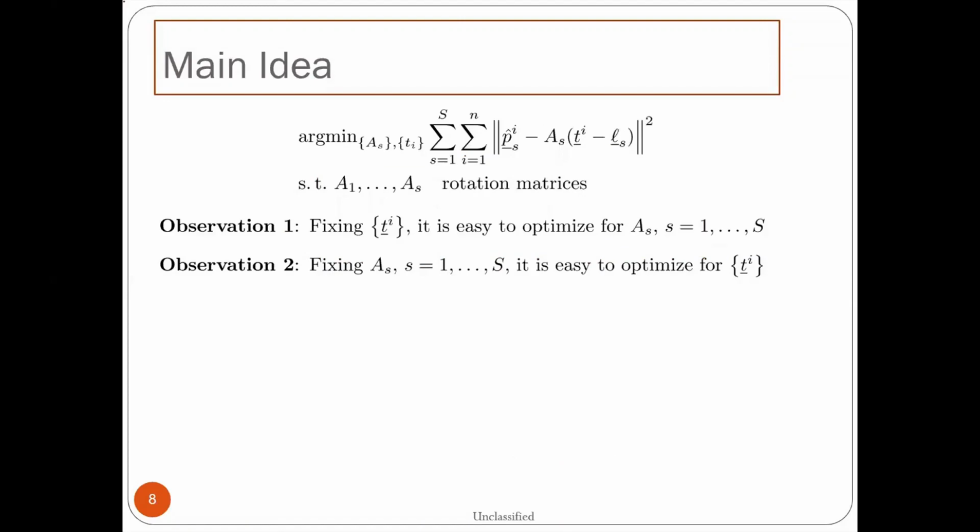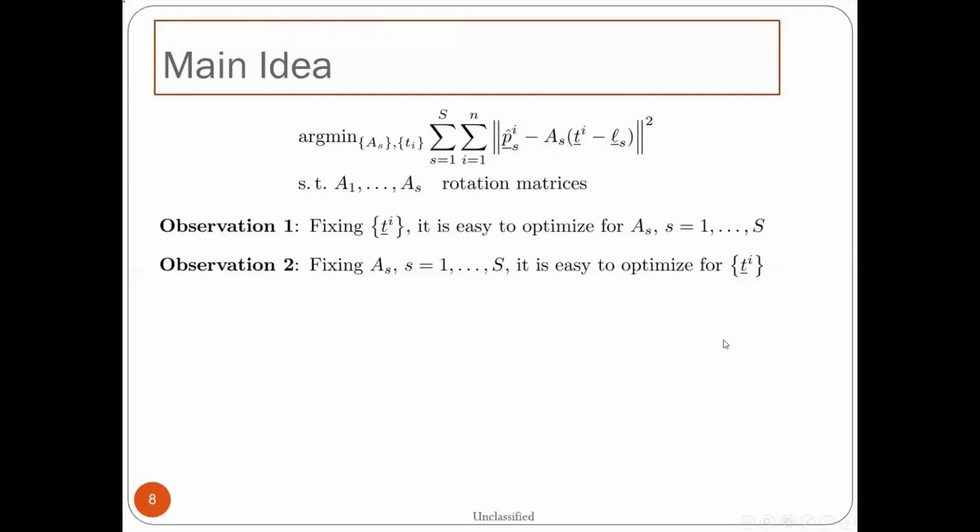So looking at the objective once again, we make 2 simple observations. First, fixing Ti at some given values, it is easy to optimize for AS. In fact, in this case, the problem becomes a set of separate problems for estimating each individual AS, and this can be done by using some standard algorithm for solving the known Wahba problem.